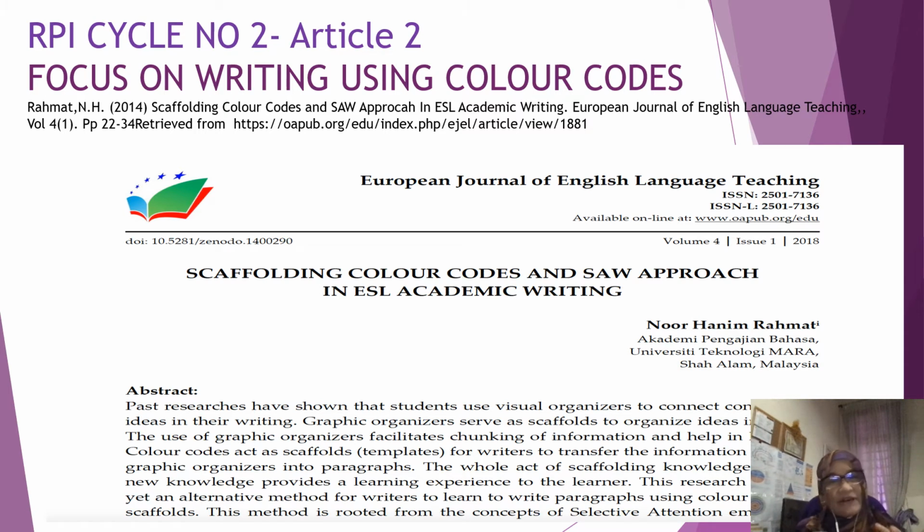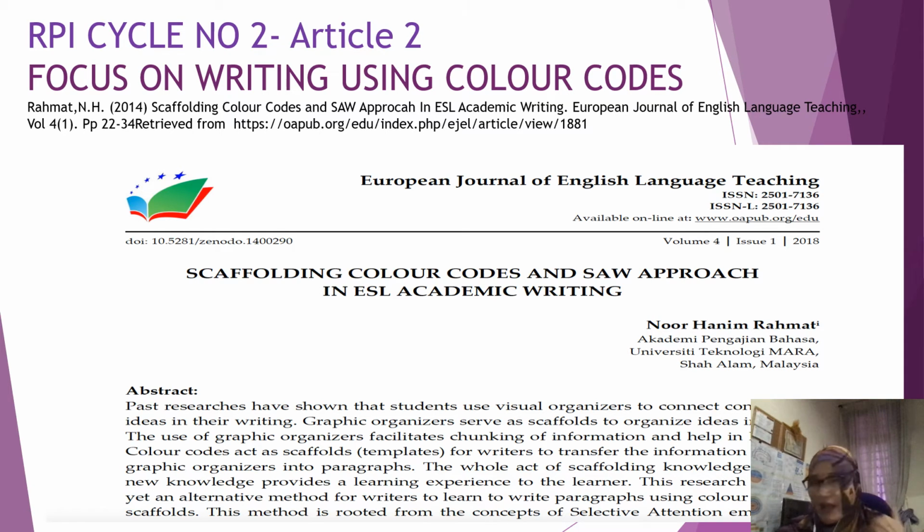Then I realized that it helped them a lot for me to use color codes. The main idea is in black, the first controlling idea is blue, the second controlling idea is red. And then you expand half the paragraph in blue, half the paragraph in red, and then you wrap it up in black. So I found the color actually worked, and I wrote a paper on scaffolding color code.